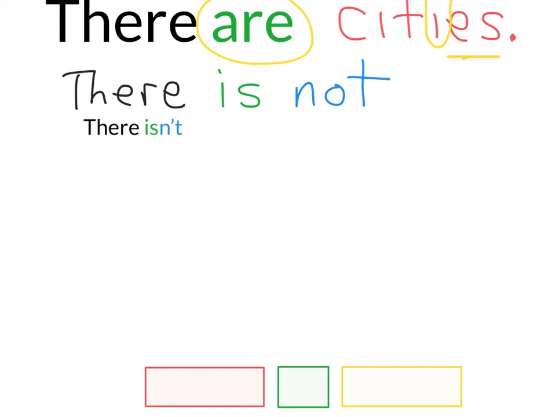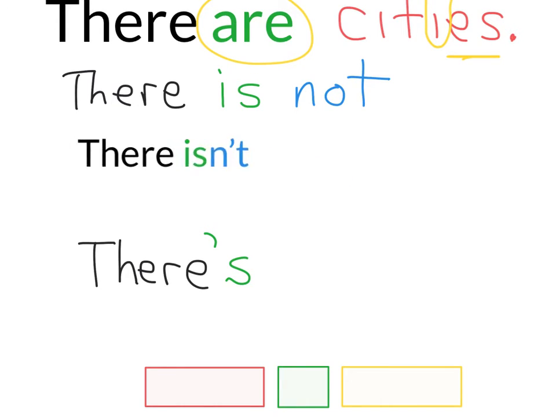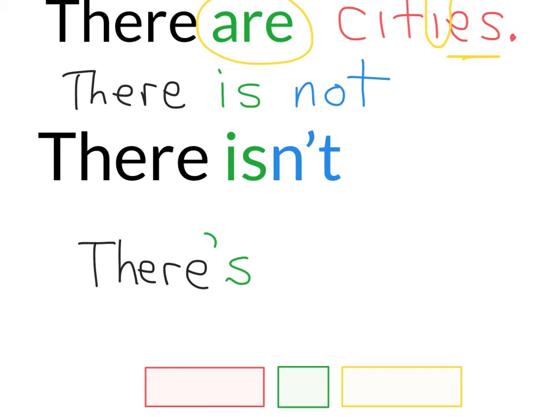If I only have there is, then I can say T-H-E-R-E, and then I can say apostrophe S. This would mean there is. If I want to say there is not, then I put the is not together. Right here, is not. And the letter I take out is the O, and that becomes the apostrophe. So now it says there isn't. There isn't a playground here.